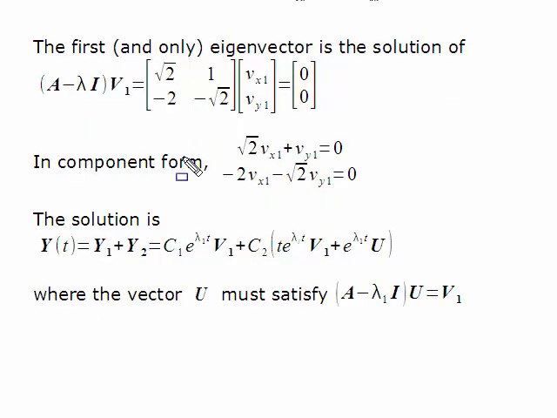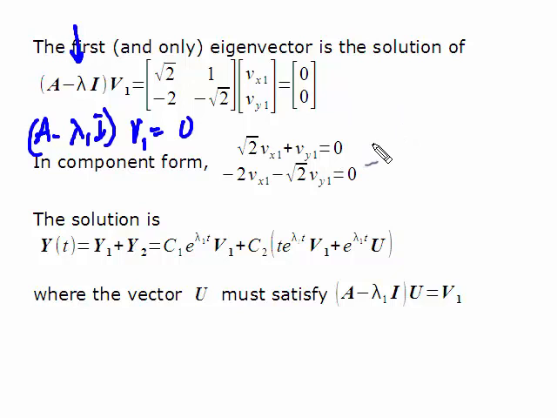Now we can go look for the eigenvector. So this is the equation, (A minus lambda I) v equals 0. Substituting the eigenvalue that we found on the previous page, we end up with these equations.